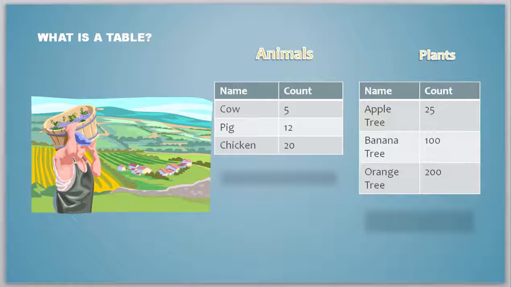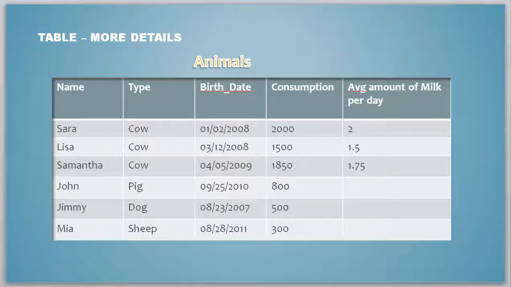And now we go to this slide where he had listed out more details. Right now we will just take the table animals into our consideration and look into the various elements that are part of the structure of the table.